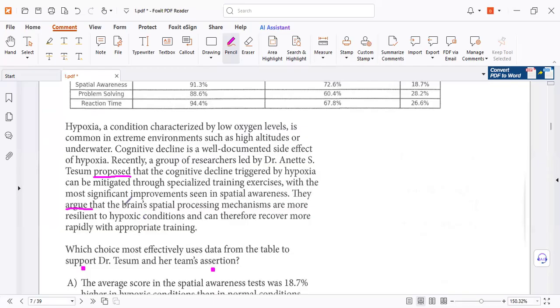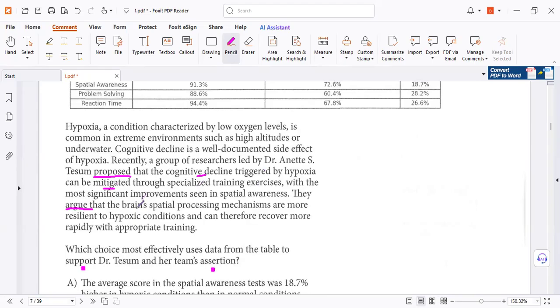Yes, sir. He mentioned here, they proposed the cognitive decline stimulated by hypoxia can be mitigated, can be lessened, can be little, through specialized training exercises, with the most significant improvements seen in spatial awareness.